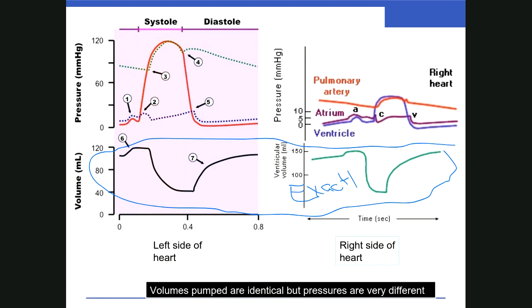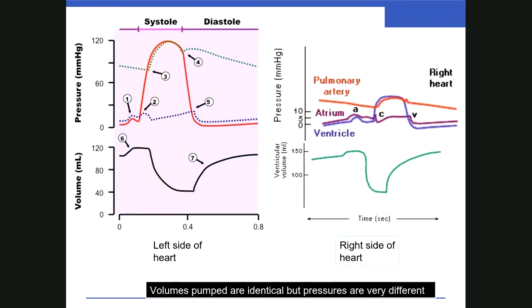In other words, exactly the same amount of blood goes through both the right and the left sides. In fact, the heart must pump the same amount on both sides, the exact same amount.